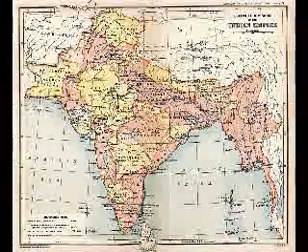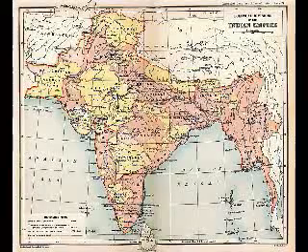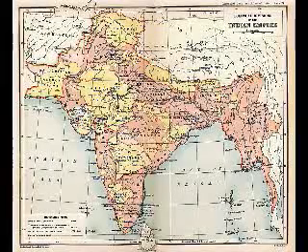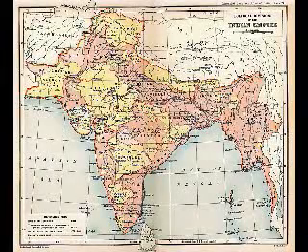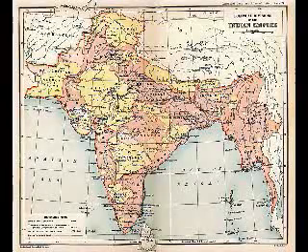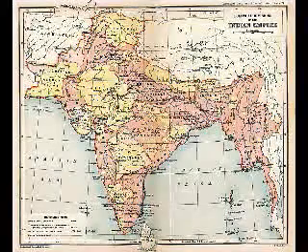However, the first concrete step in organizing judicial administration was taken up by Warren Hastings. He for the first time made the district as a unit of judicial administration. In each district, civil and criminal courts were established.